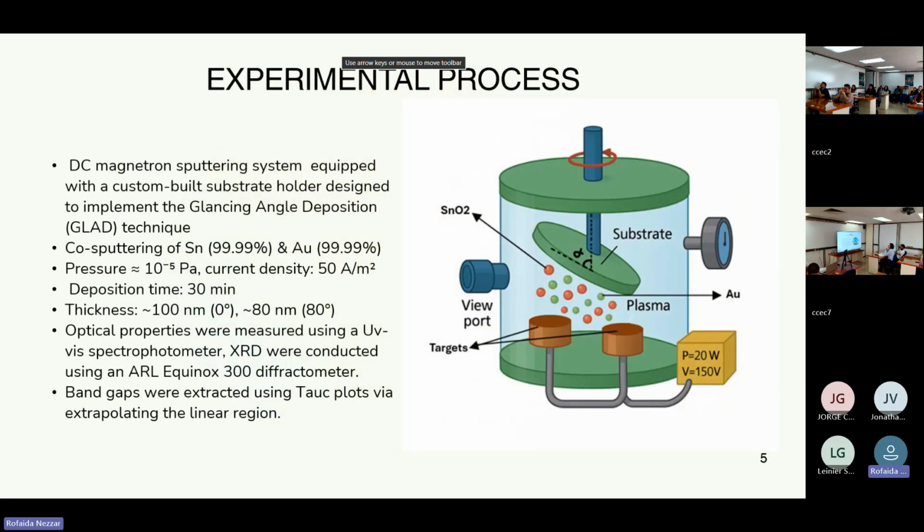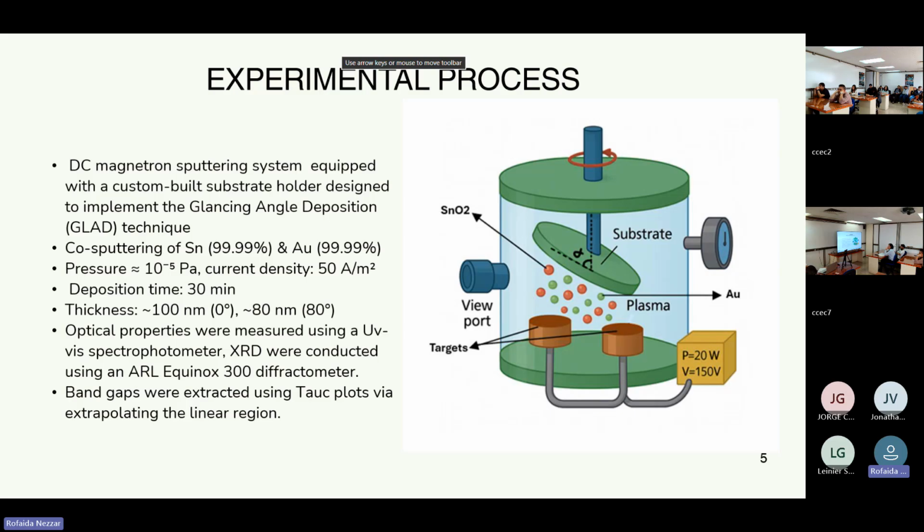So the thin films were deposited on glass substrates using a DC magnetron sputtering device equipped with the GLAD configuration that allows us to change the angle. We used high purity tin and high purity gold targets with a base pressure around 10^-5 Pascal, and the current density was 50 amperes per meter squared.